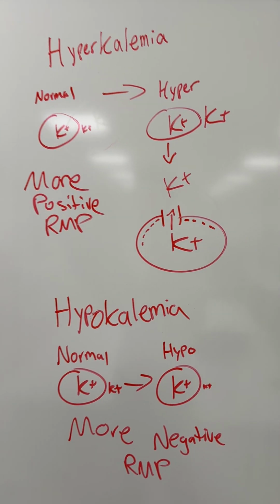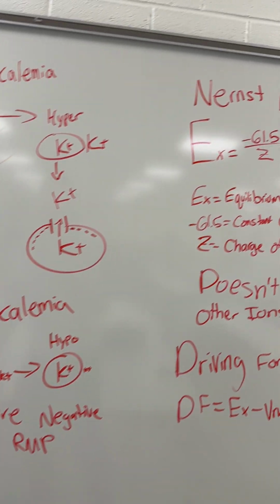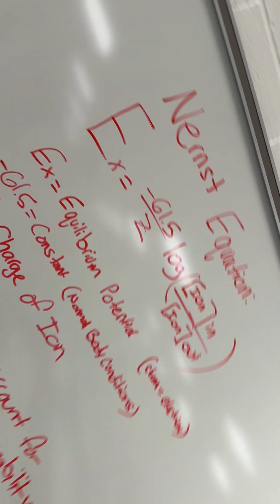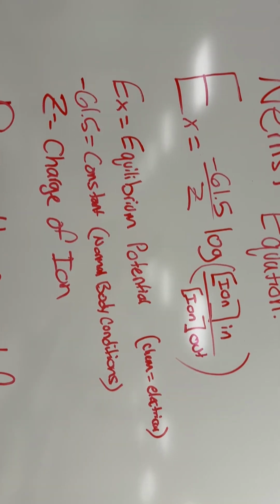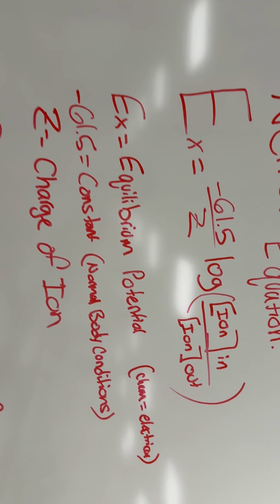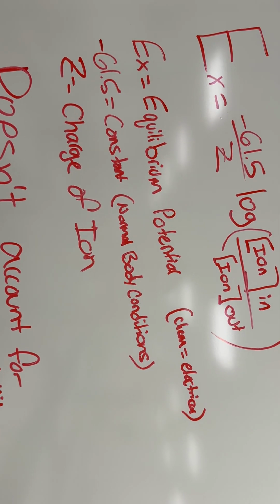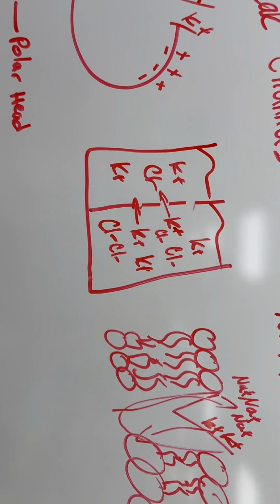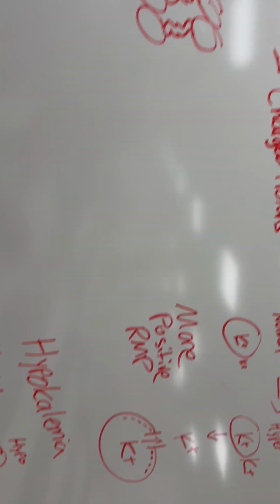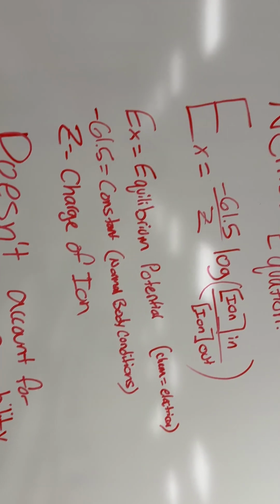Okay, so now we're going to have a brief discussion of the Nernst equation and then driving force. The Nernst equation gives us our equilibrium potential, which is the voltage where the chemical gradient is equal to the electrical gradient that I talked about earlier with this diagram, where there's a net zero movement of ions across the membrane due to the opposing forces of the chemical and electrical gradient.